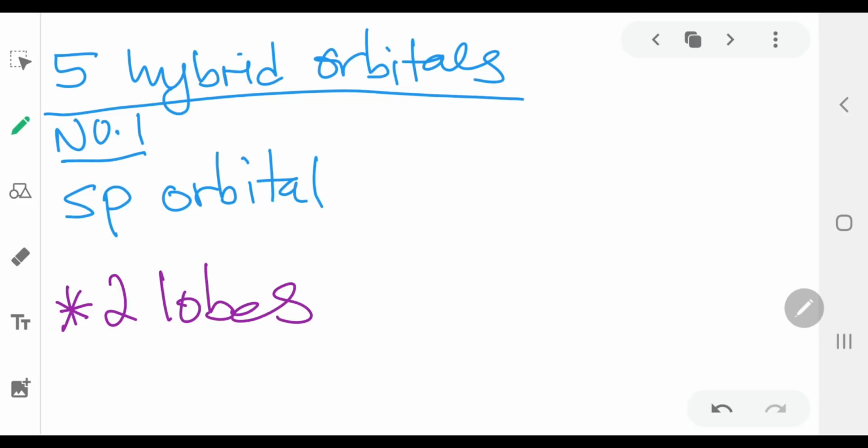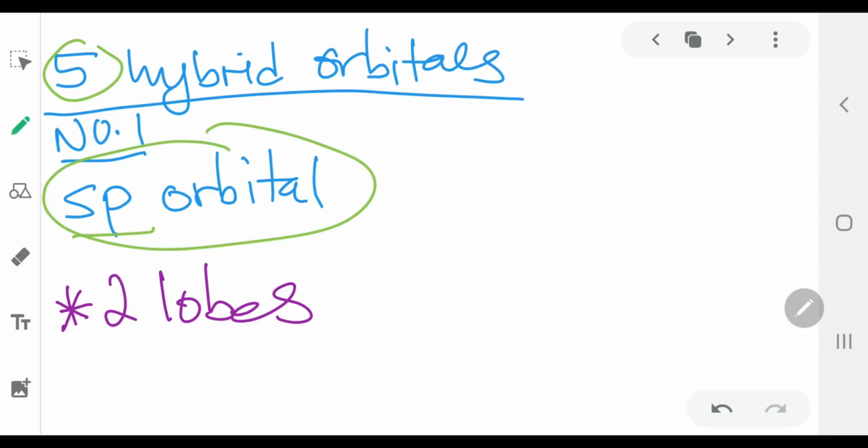So we have 5 hybrid orbitals that you need to know. Number 1, the first one is SP hybrid orbital. Why is it a hybrid orbital? Because to form these orbitals, you need to combine one S with one P to make SP hybrid orbitals. Why do you have 2 lobes?